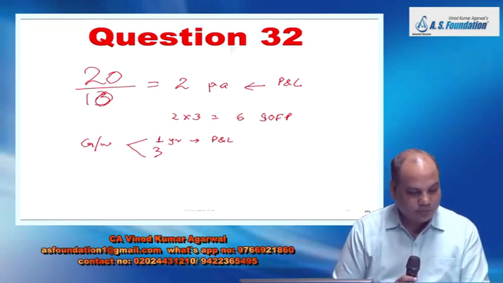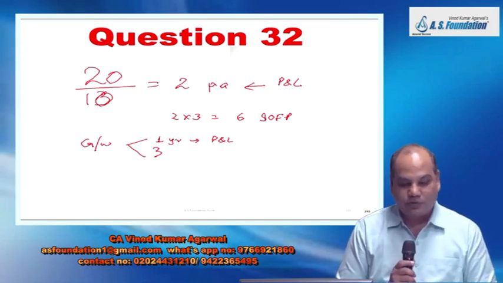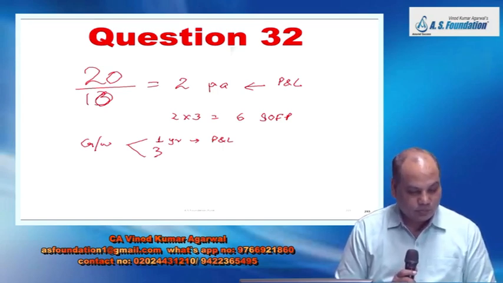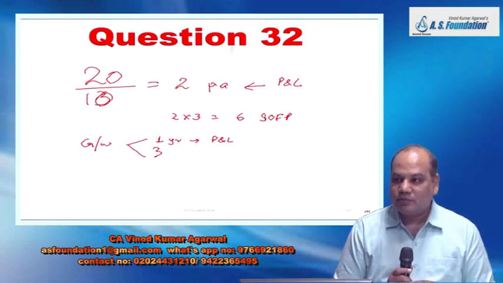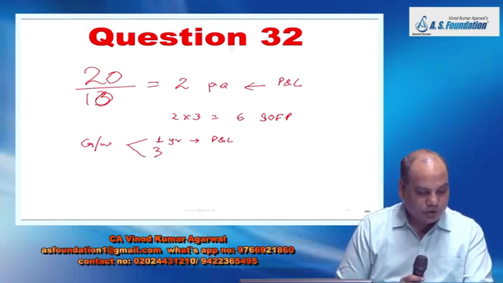Point number 3. At the start of the year, P transferred a machine to S for 15,000. Who transferred to whom? P to S. Who has made the profit? P. Will the NCI get a share in that profit on 15,000? No. The asset had a remaining useful life of 3 years at the date of transfer.